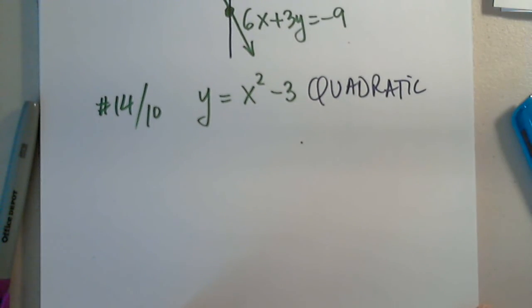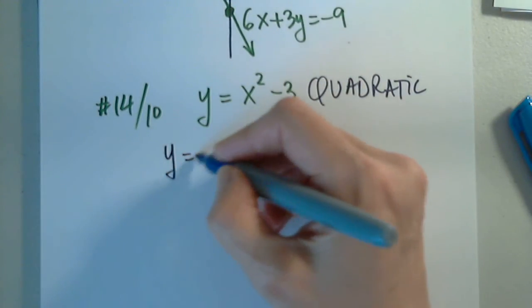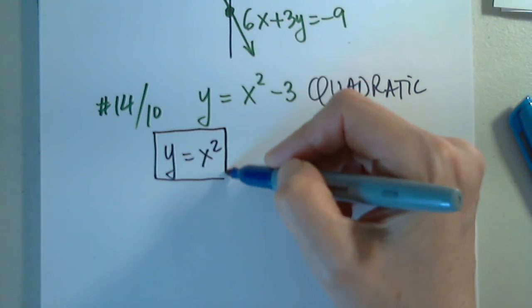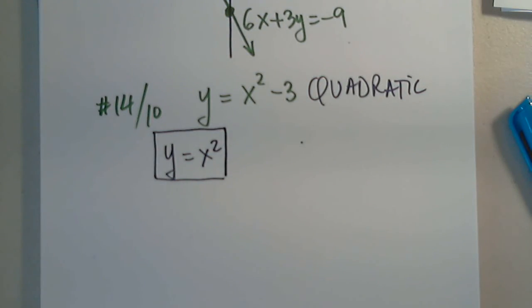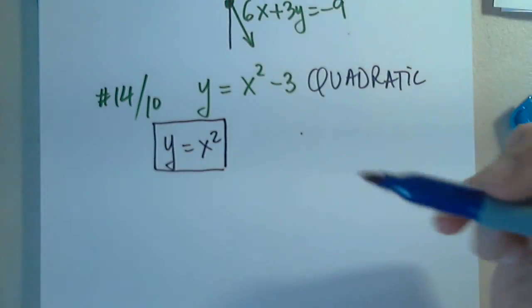Okay, we have several ways in general of graphing, and here is one because I'm hoping that you remember how to graph this. Do we remember how to graph the simplest possible quadratic function, which is x squared?